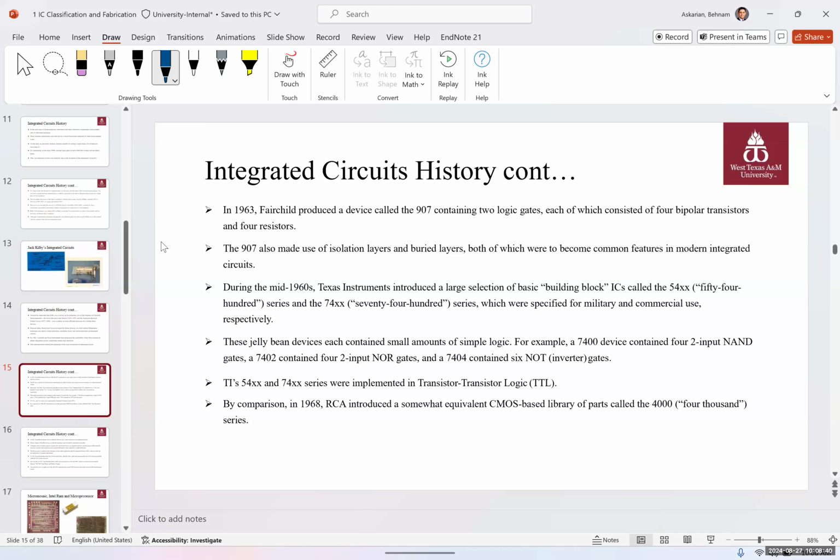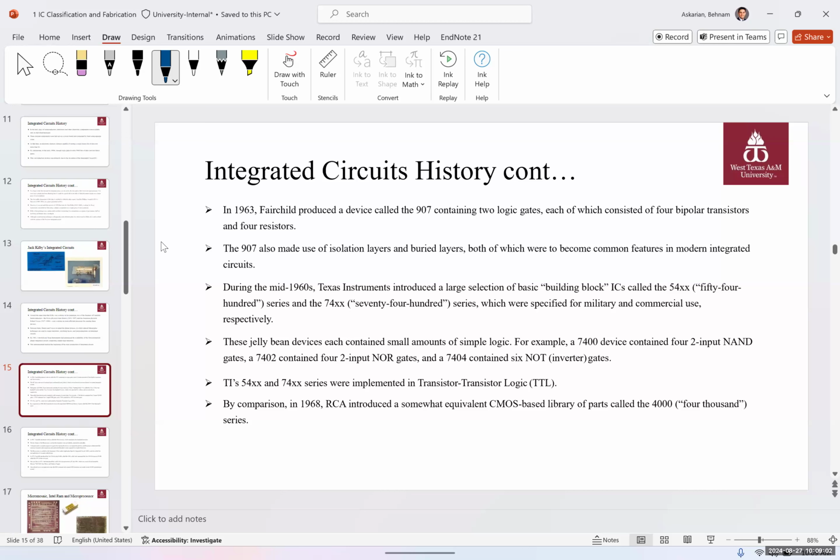In 1963, Fairchild produced a device called the 907, counting 2 logic gates, each of which consists of 4 bipolar transistors and 4 resistors, so 8 components. The 907 also made use of isolating layers and buried layers, both of which were to become common features in modern integrated circuits.